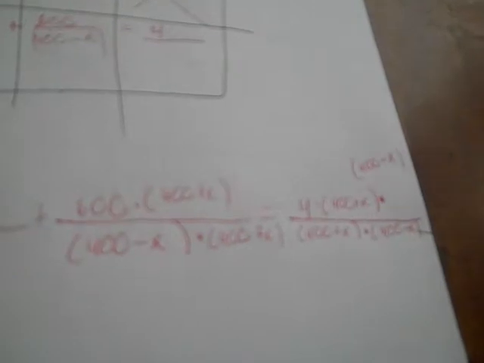Then here times 400 minus x, and then times 400 minus x. All right, now the bottoms are all the same. They all have the same exact identical contents. Same parentheses, same numbers, same signs. That can be canceled.